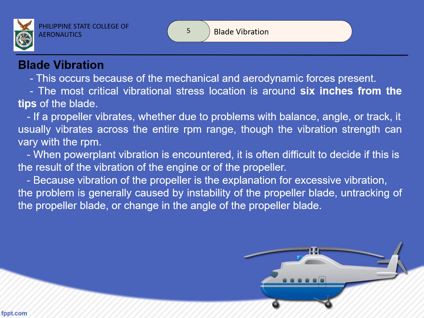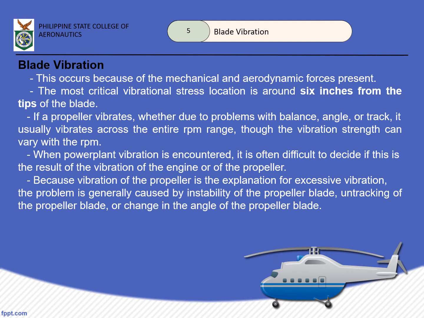So, sections of the propeller blade could break off while in flight if the metal is overly bent and work hardened due to this vibration. So, especially dito sa mga critical locations na to, which is stated around 6 inches from the tips.